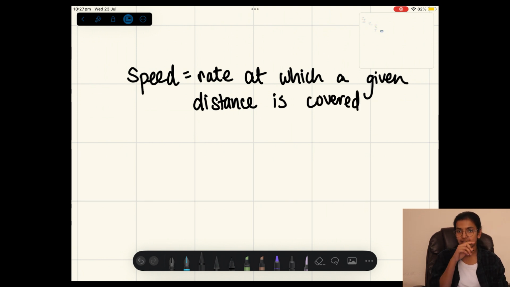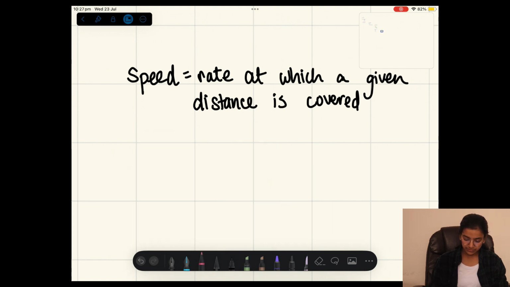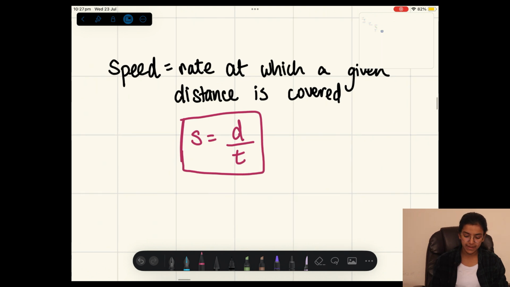And if we want to calculate speed, how do we do that? Well, if we just look at the definition here, we can easily find a mathematical relationship, right? So, speed is calculated as speed equals the distance divided by the time, okay? I abbreviated all three of those. This is usually how you'll find most people write the equation, okay?